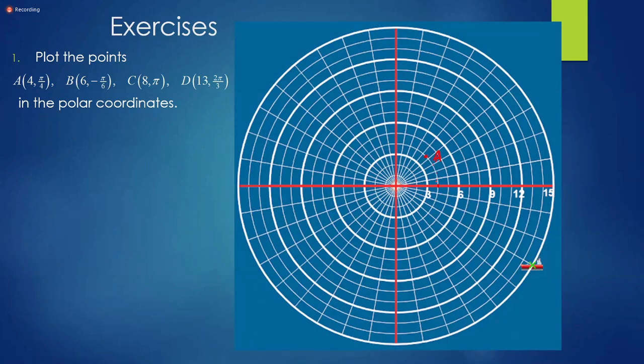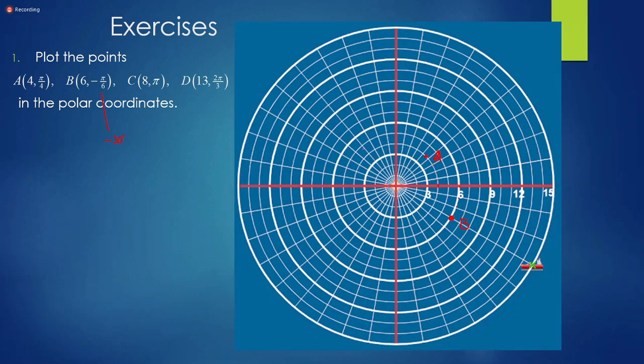Point B, 6 and minus pi over 6. Minus pi over 6, that means minus 30 degrees. And the distance is 6, and then we go 1, 2, 3, this is minus 30 degrees. This is the point B. This exercise does not ask us to change into Cartesian coordinates.